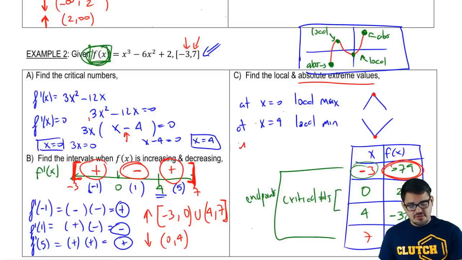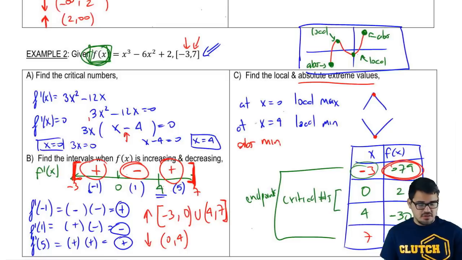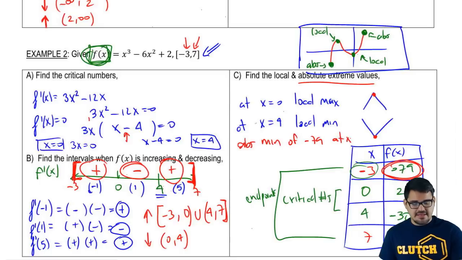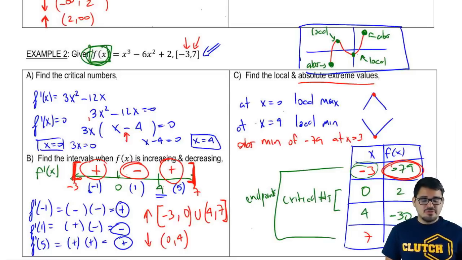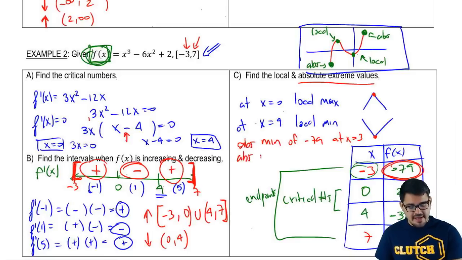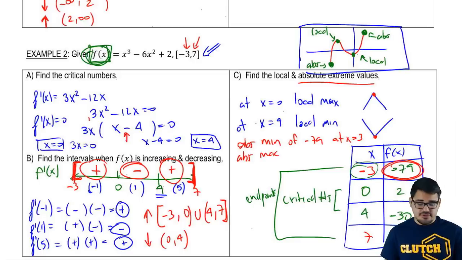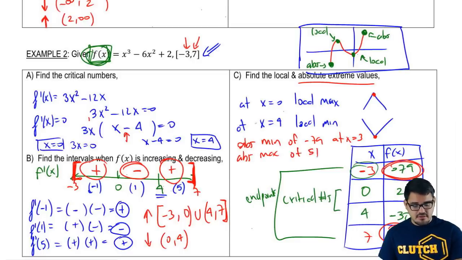So we have an absolute min of -79 at x equal to -3. That's exactly what we get from our chart. Then we have an absolute max. Our highest point, which is our absolute max, is going to be 51 at x equal to 7.